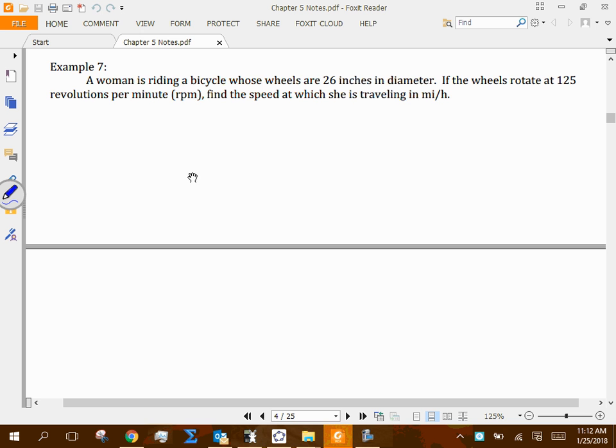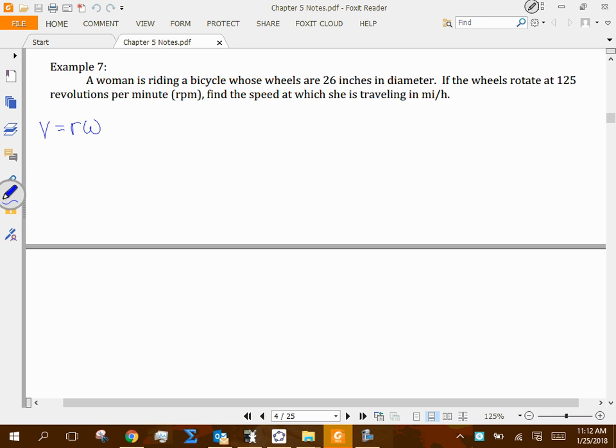I think that this is a good example because it allows us to use the fact that linear velocity is equal to radius times angular velocity, or omega there. We can use that formula. Now, we don't have to use that formula. You can manipulate and work your way through without using that.